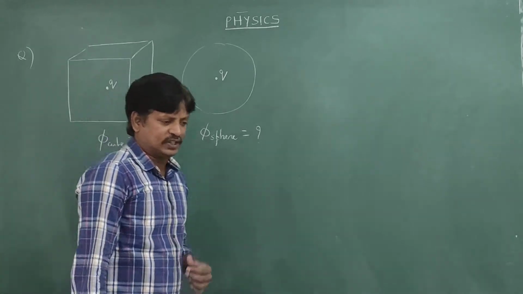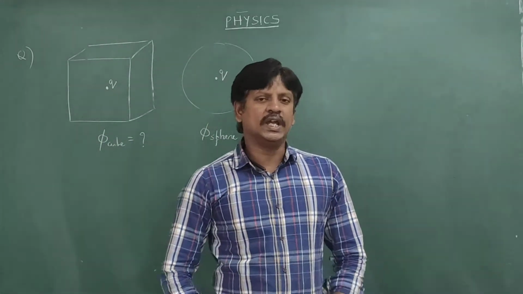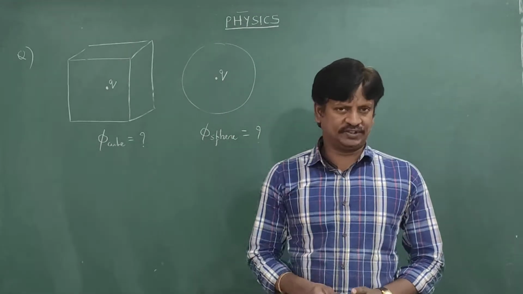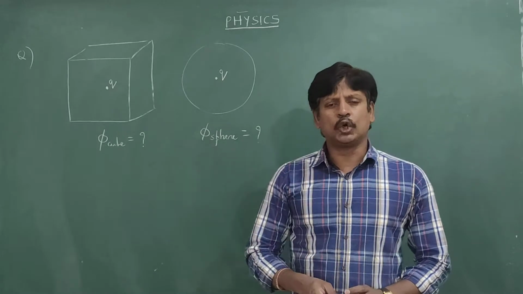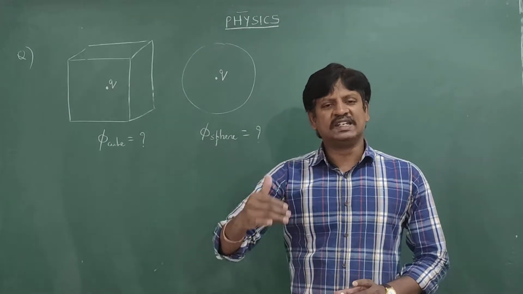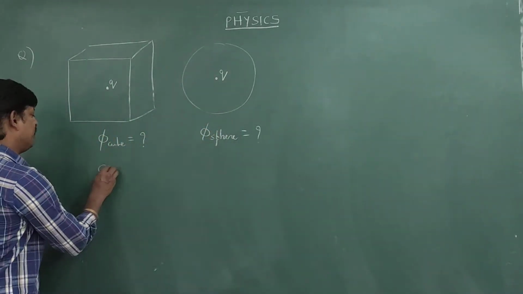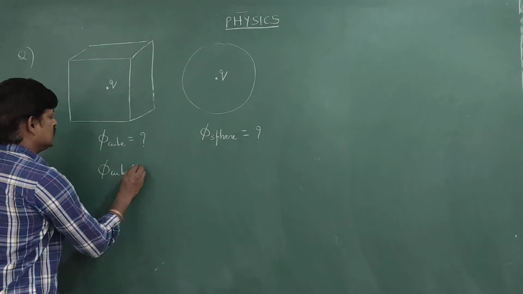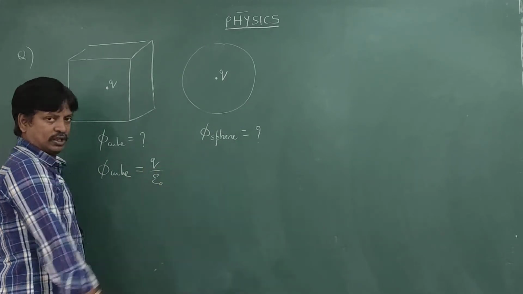So according to Gauss law, if you want to find out flux, we need a closed surface. And according to that law, flux through any closed surface is equal to charge enclosed divided by epsilon naught. So what's the flux through the cube here? Flux through the cube is equal to Q divided by epsilon naught.